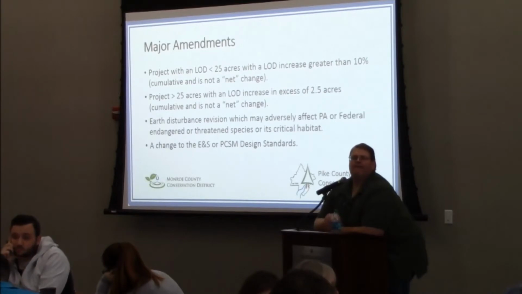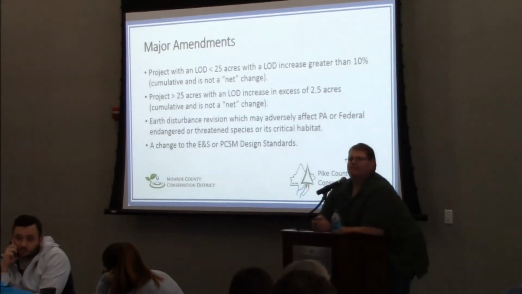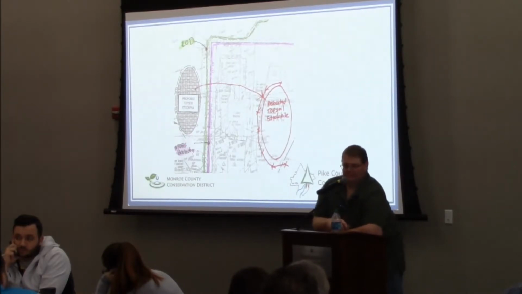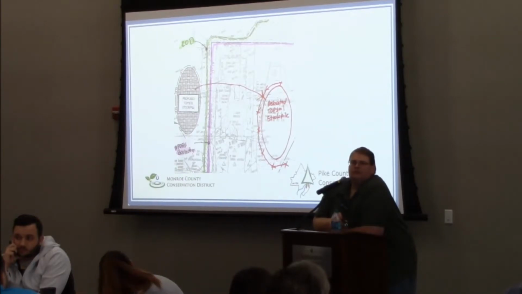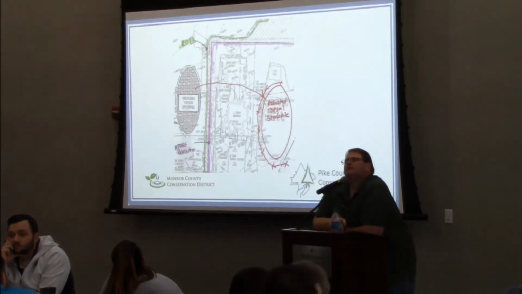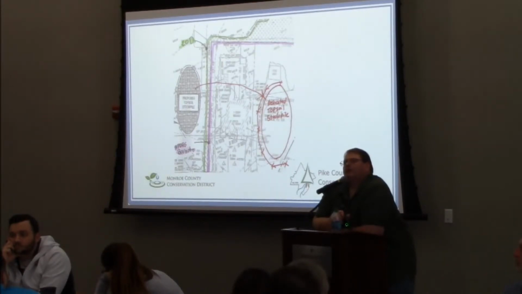Yes. If you go back to the example with the topsoil stockpile moving outside of the limit of disturbance, suppose you move the topsoil stockpile outside and that's an off-site area. That increases your limit of disturbance, correct? Correct. Does the off-site area that's being disturbed have to be accounted for in worksheets 12 and 13 as managed for water quality credit? Maybe.